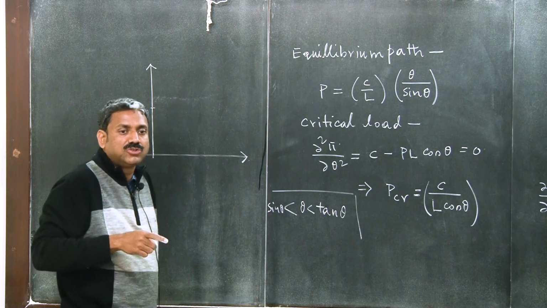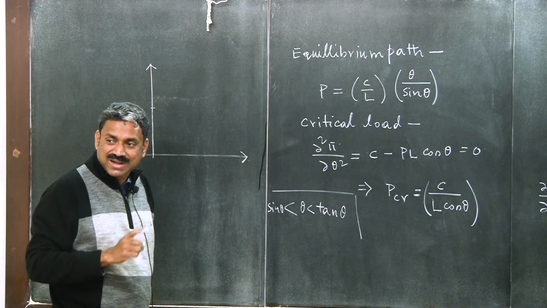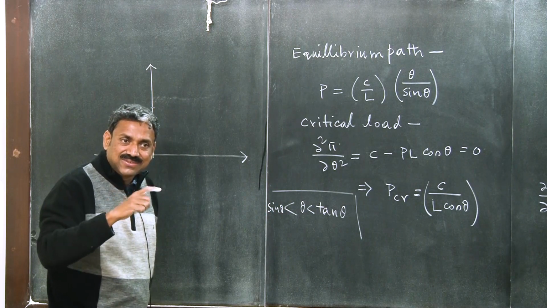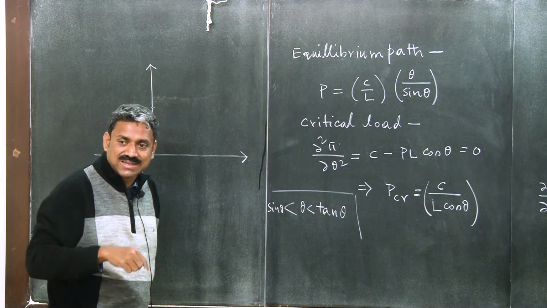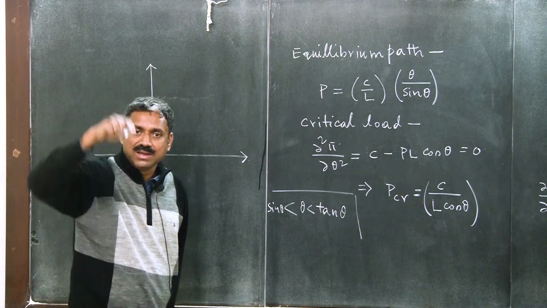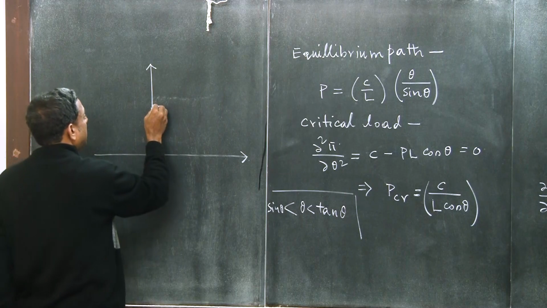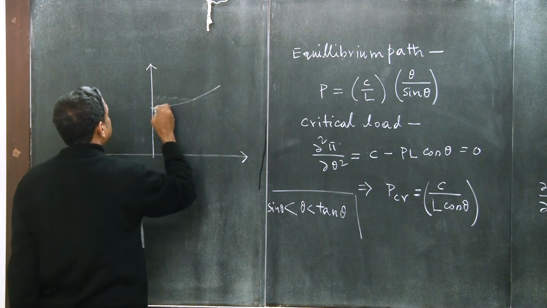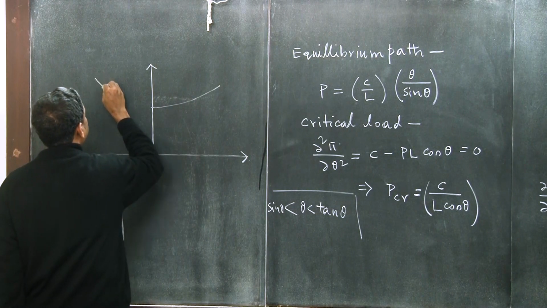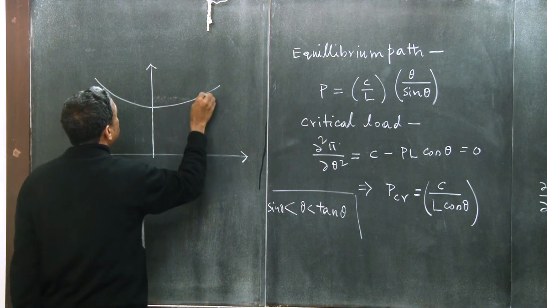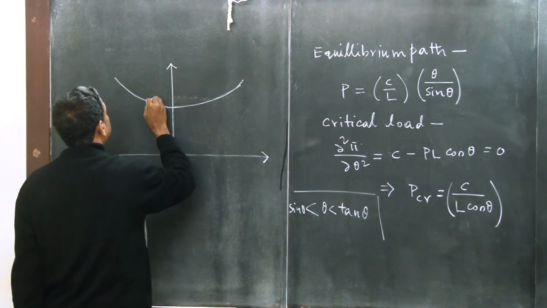When theta tends to 0, theta is sin theta, but as theta increases, theta will be much higher than sin theta. So it will be an increasing type of curve, and it will look something like this. Are you understanding? And then it's symmetric.